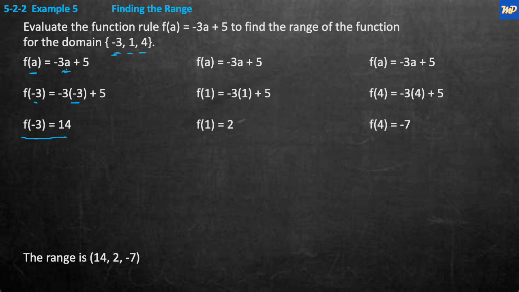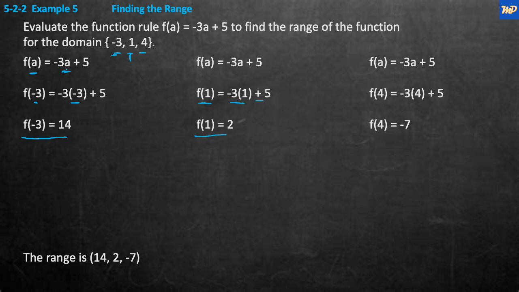Now let's do the second term, which is 1. F of a is equal to negative 3a plus 5, same function rule. We're going to say f of 1, because that's the domain value we're putting in. So we want to find the function value when the domain is 1. Negative 3 times 1 is negative 3, plus 5 is 2.